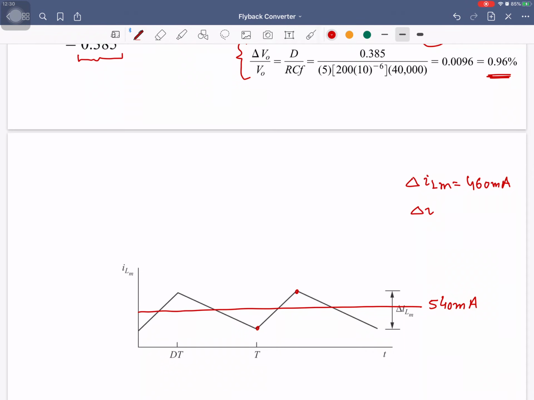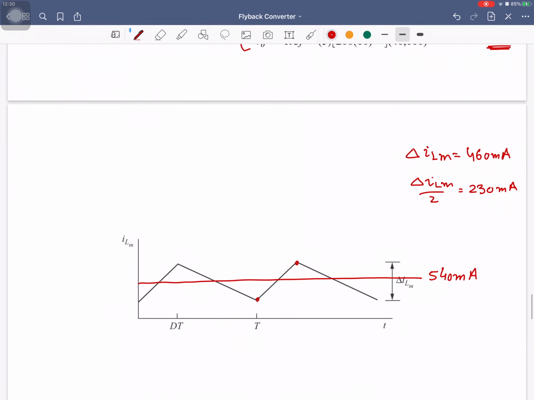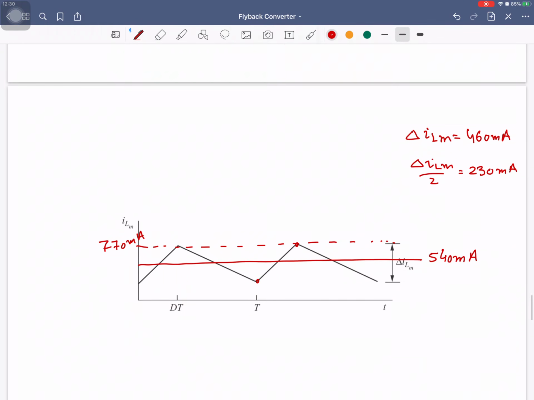So delta ILM by 2 is 230 milliampere. So 540 plus 230, you will get 770 milliampere. So the maximum peak is 770 milliampere.